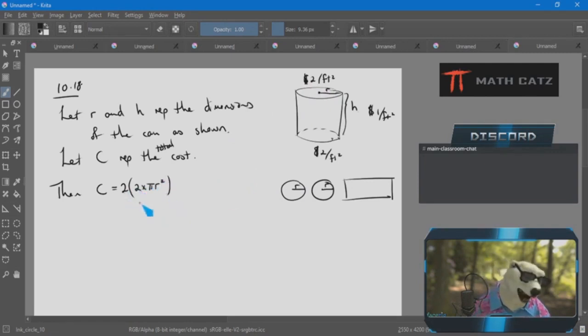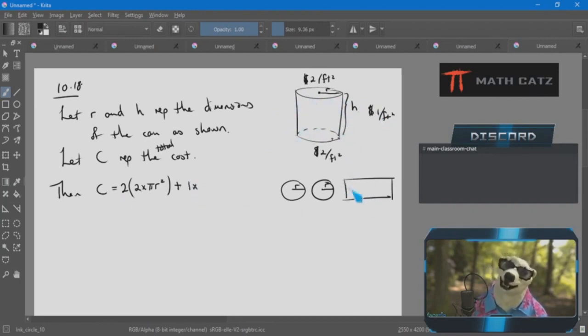So there's a couple of 2's floating around which could make things a little bit confusing. The area of a single circle is pi r squared. $2 per unit area, so multiplying those. Then I have 2 of the circles, top and bottom, so another 2. Plus, it's $1 per unit area on the side, so it's $1 times the area of this rectangle.